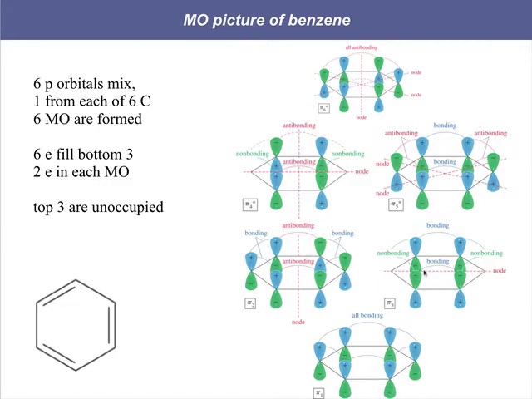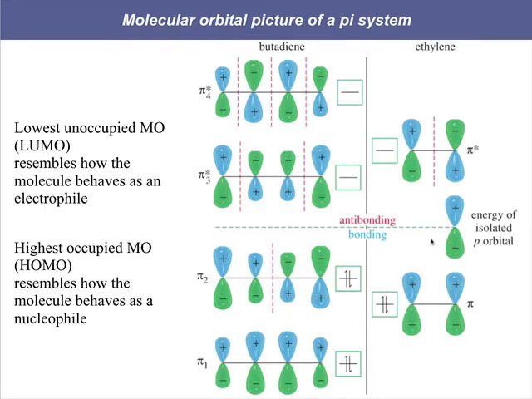So that means that the bottom 3 orbitals, remember the bottom half of the system was below the energy of the non-bonded electrons. So if we had this picture here, the bottom half of the diagram was lower in energy than the isolated orbital, and the top half of the diagram was higher in energy than the isolated orbital.